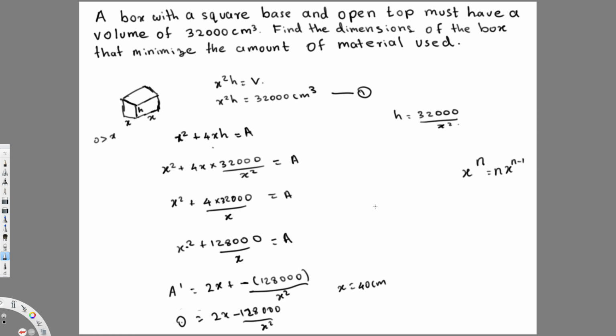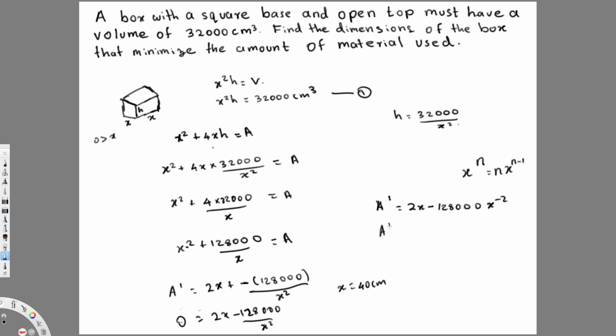First, to find the second derivative, I state the first derivative first. It's going to be 2x minus 128,000 x to the power minus 2. I got it from here, so we found the first derivative already, right? If you divide by x squared, and take that to the top, it becomes minus 128,000 x to the power minus 2. Then I have to find the second derivative.